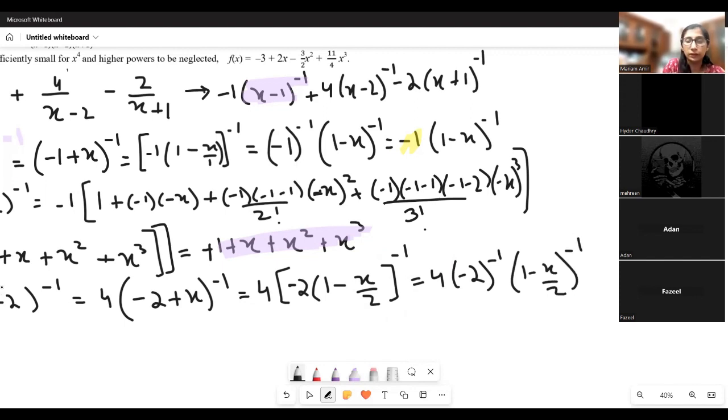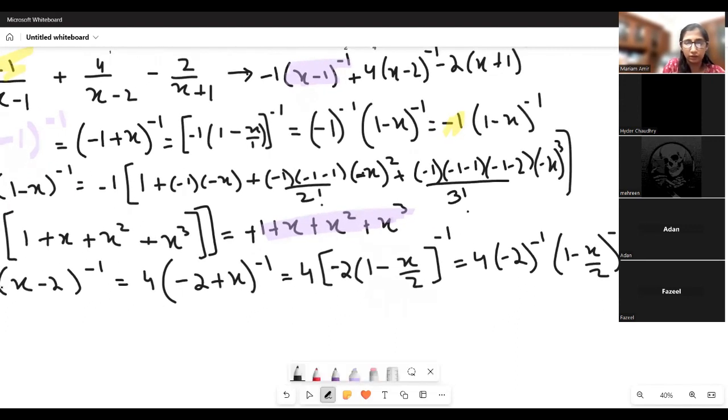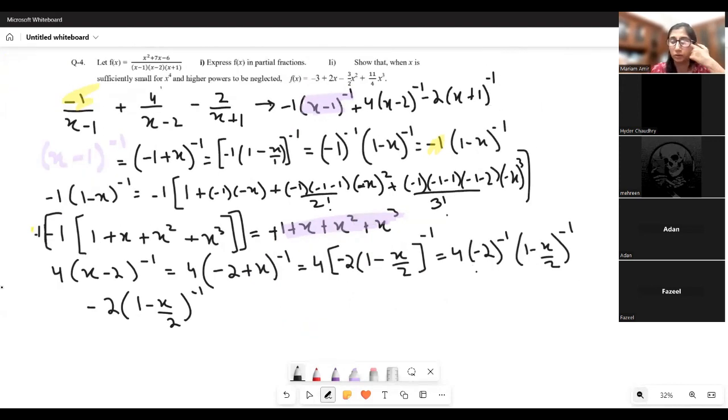So that gives us 4 times minus 2 power minus 1 times 1 minus x upon 2 power minus 1. So that is going to be minus 2 times 1 minus x upon 2 power minus 1. We've already expanded 1 minus x upon 2 power minus 1 a while back. Yes, we did.